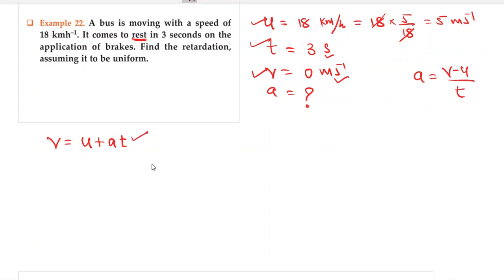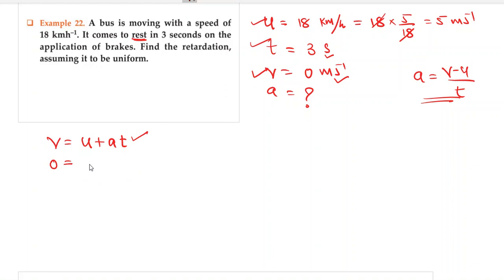Same formula, but we are going to use it in the format of the equation of motion. Always remember that rather than using the formula, use the equation of motion, because that opens up new possibilities for difficult, complicated questions where other quantities are involved.